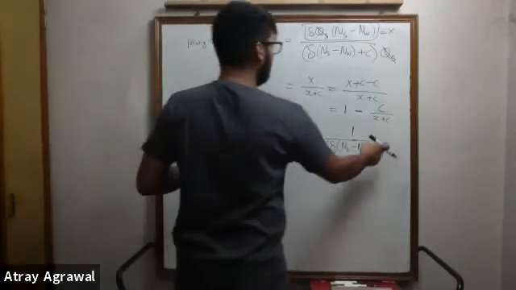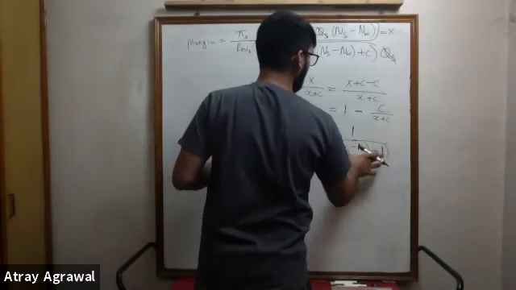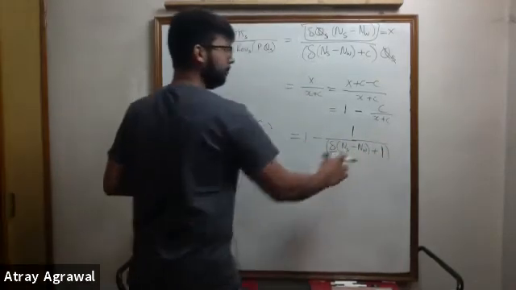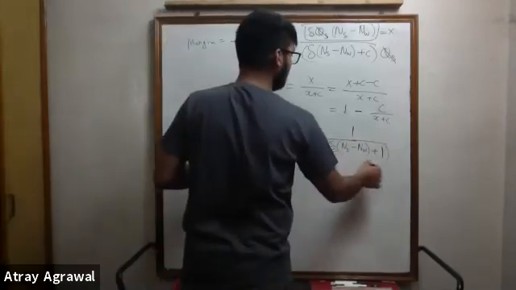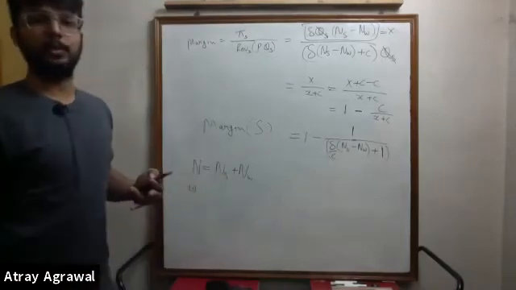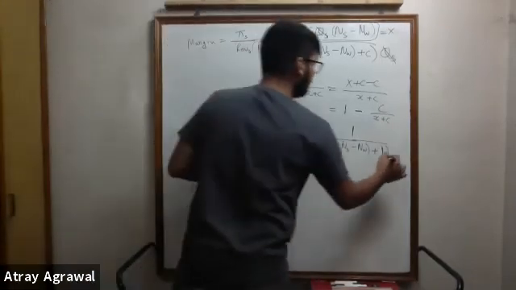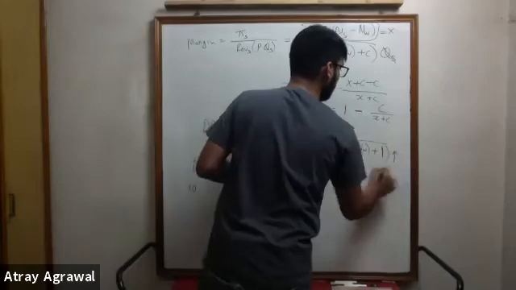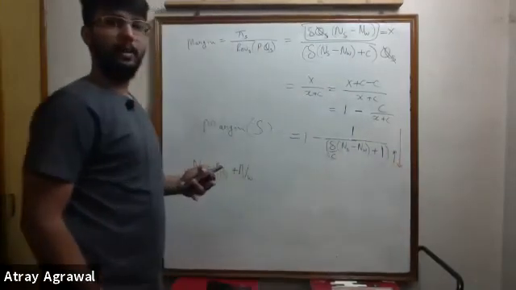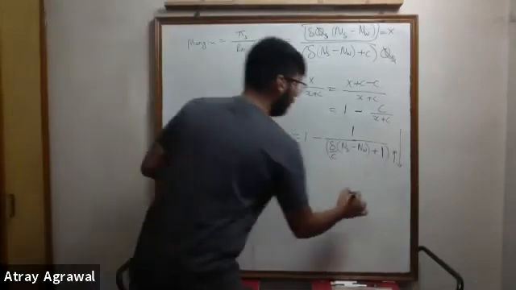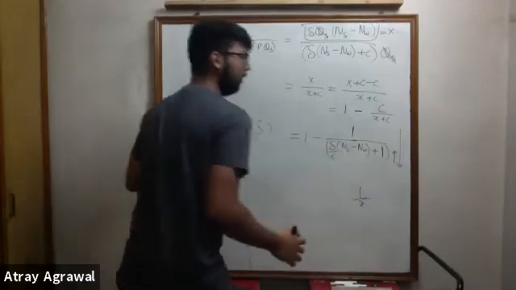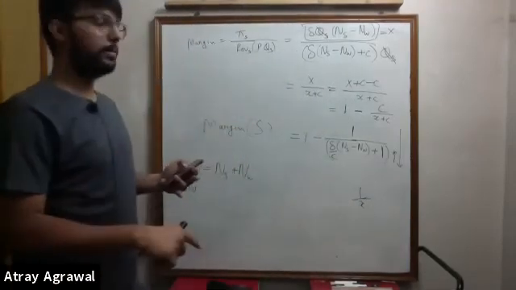Now in the denominator, we get a bigger value. The bigger the value we get here, the smaller the overall value of this ratio will be, because 1 upon anything, if the denominator gets bigger, the whole ratio becomes smaller.